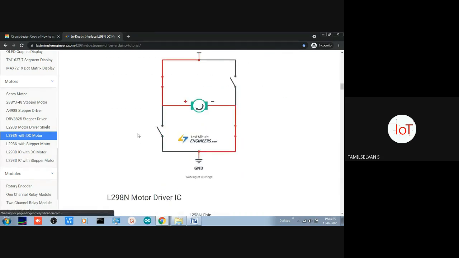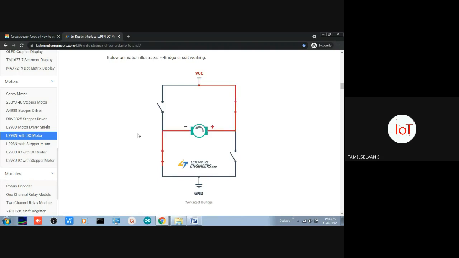Now this is how your H-bridge circuit will be designed. Actually, you want to drive the motor in both directions, because in robotic movements you have to take your foot front and back, as well as the arms to the front side and the back side. And in the case of your line follower robot, you may need to take a left turn or right turn, or front or back.